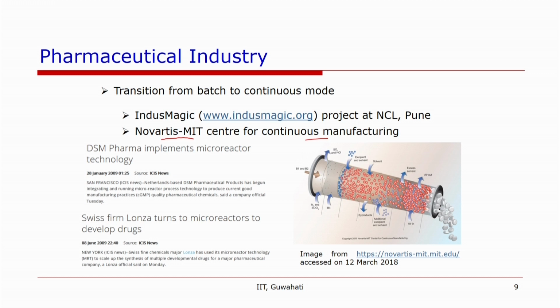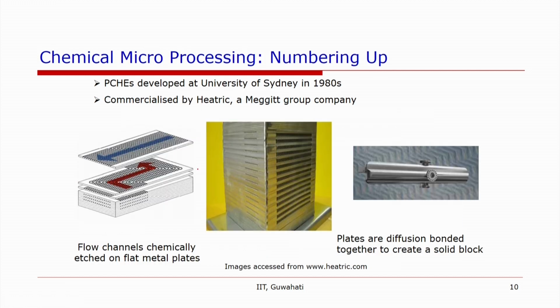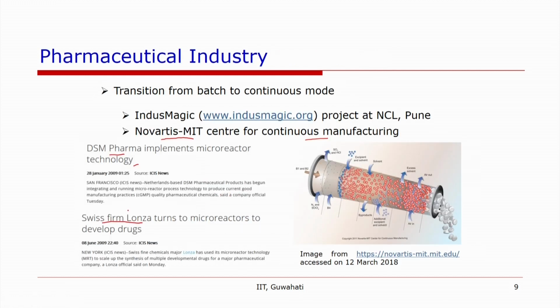Here are some other news items: there has been investment from Swiss firm Lonza and DSM Pharma to convert to microreactor process technology to produce pharmaceutical chemicals.